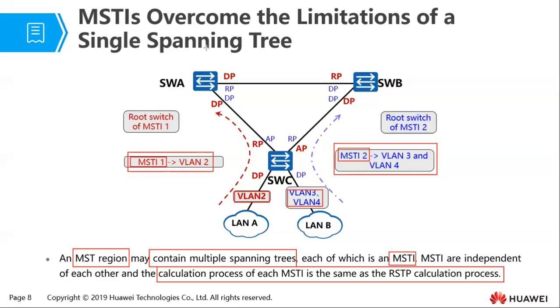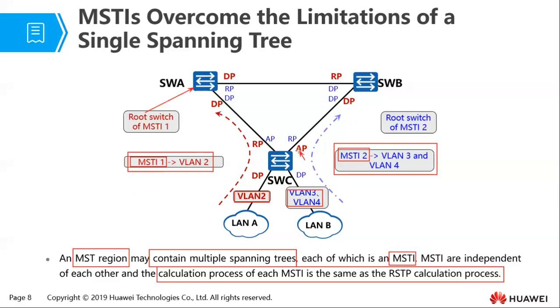Now, as you can see here, in MSTI 1, switch A has been selected as the root. You see, who becomes the root determines which port is blocked. And therefore, you can see that for MSTI 1, the port that is blocked is this one here. So that's the alternate port for MSTI 1.